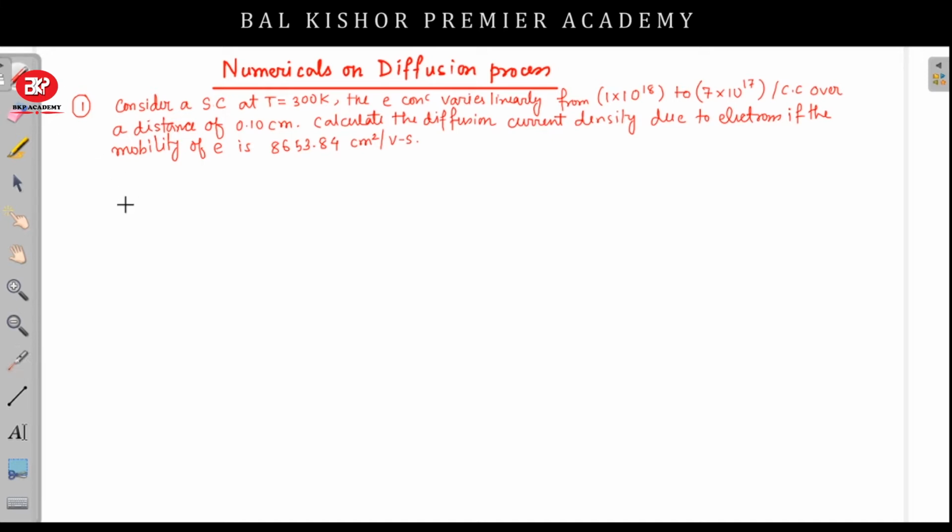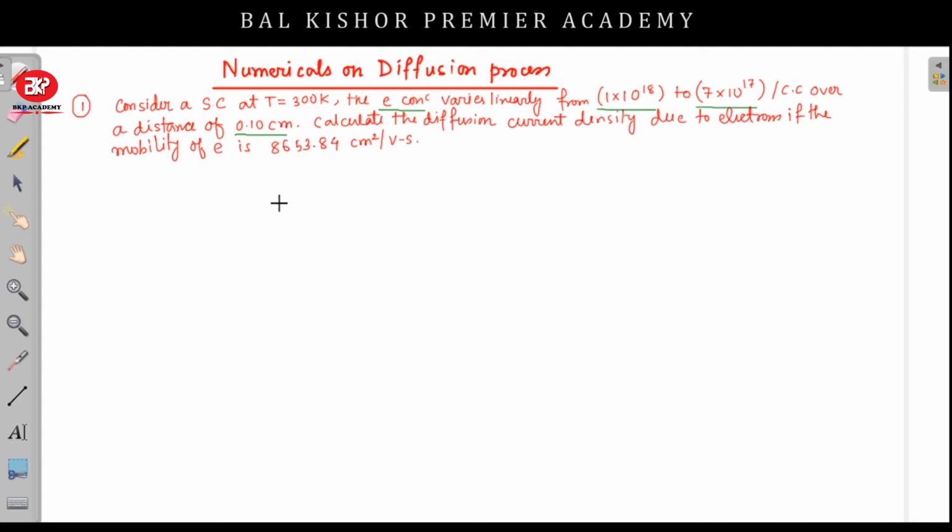For this case, we have to find the electron current density, where the electron concentration is varying linearly from this value to this value over a distance of 0.1 centimeter.